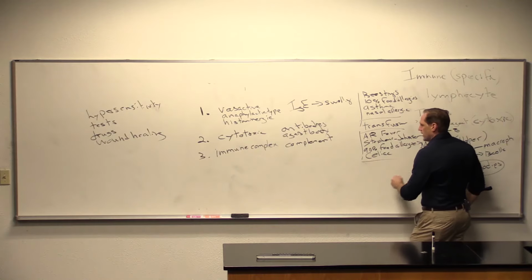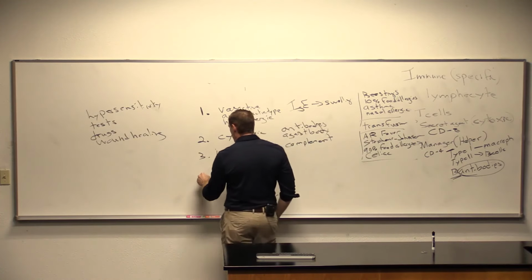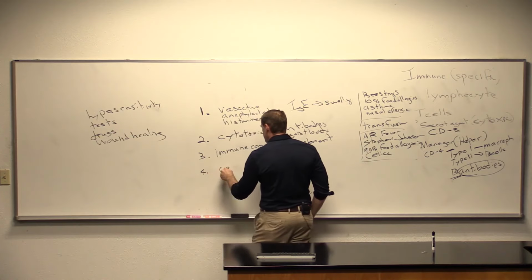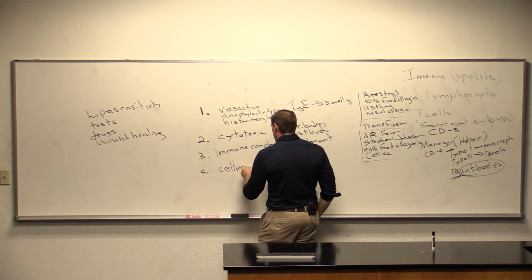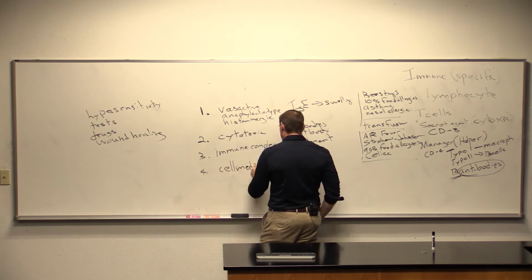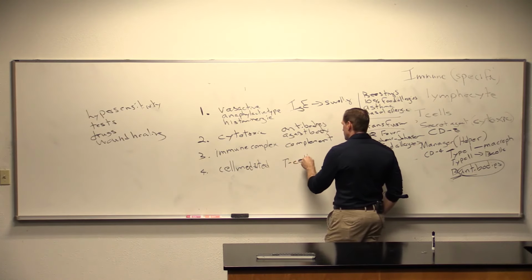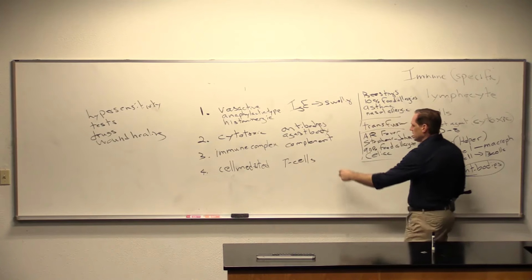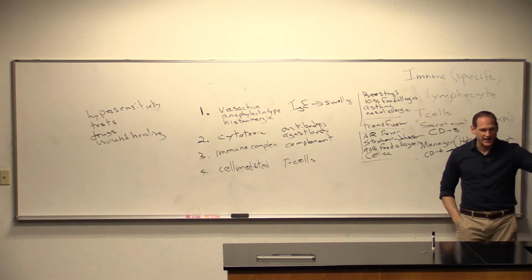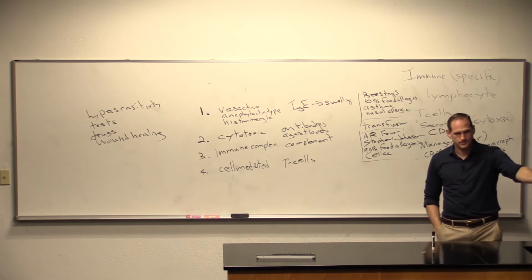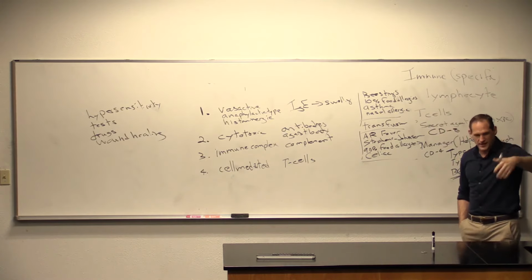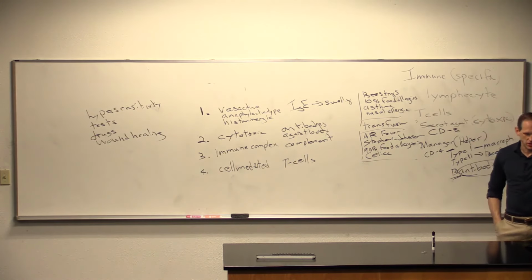The last kind is type 4, and this is called cell-mediated. Now, anytime you hear the word cell-mediated, the first thing that should pop into your head is T cells. So T cells are directing an attack against your own body or against something that causes a reaction in your body.